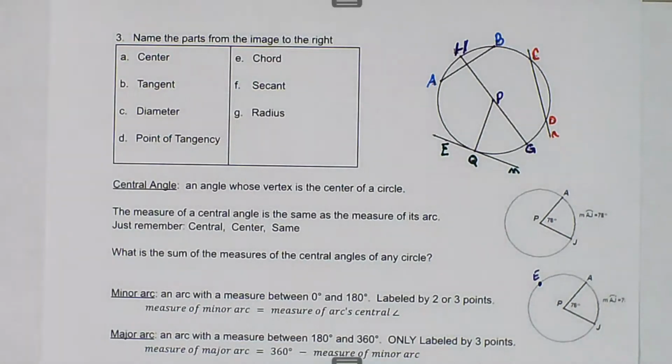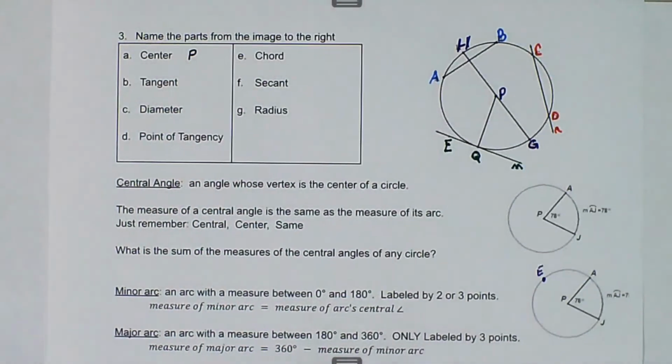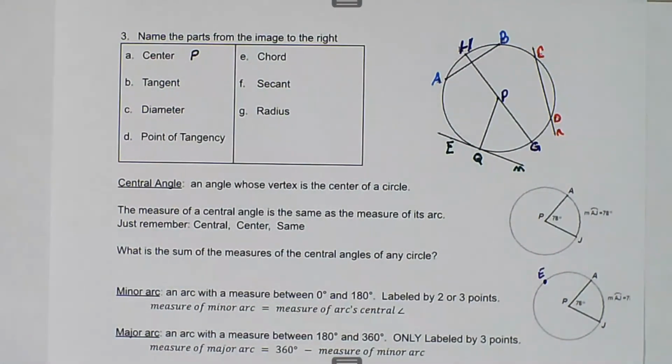So on the next page, we have a few things. Name the parts from the image to the right. So the center of this drawing is called point P. Then we want to name the tangent. In this case, the tangent is a line.